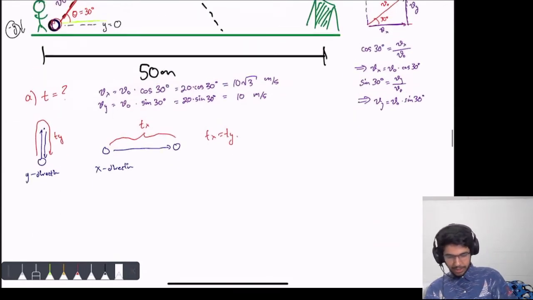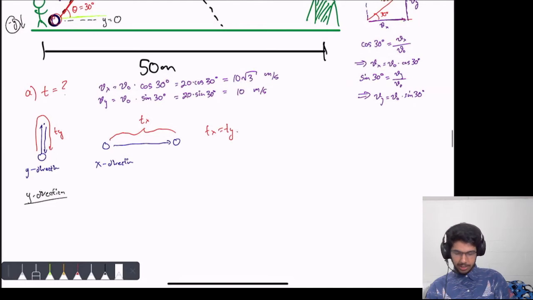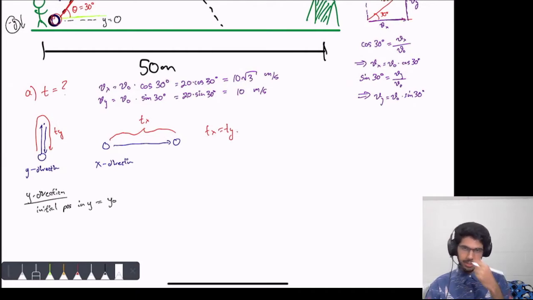So, in the y direction, the initial position in y is y naught, that's just a variable I'll use, and that's equal to 0, because that's what we defined up here.